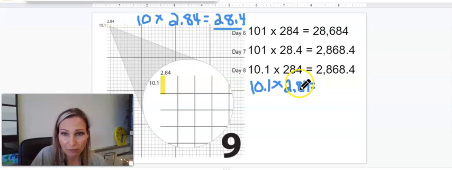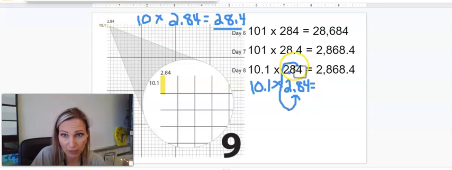So 284 and 2 and 84 hundredths, to get from here to here, what did you need to do? Divide by 100, right? If I divide by 10, that would put the decimal here. And if I divide by 100, that put the decimal here. And that is what we want.